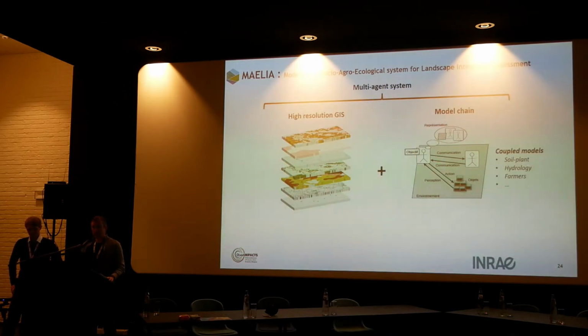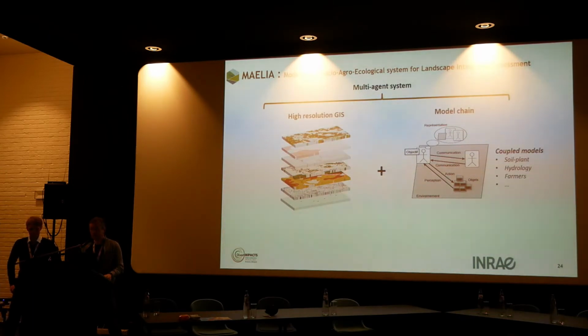In Maelia, a geographic information system is used to provide a detailed description of the spatial structure of the investigated territory, while coupled models simulate the daily dynamics of human activities and ecological systems and of their interaction. Maelia can be used for assessing a large range of scenarios regarding cropping and farming systems, water management, biomass processing, climate changes, market prices, and policies.